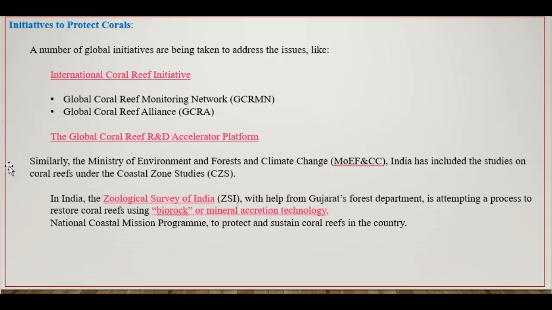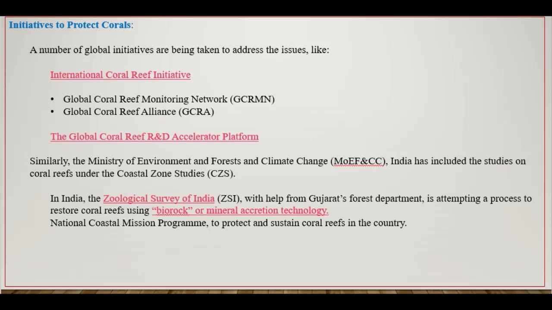And it has also come up with the idea called biorock or mineral accretion technology to restore the coral reef. In India, the coral reefs are found near the Andaman and Nicobar Islands, Lakshadweep Islands, the Gulf of Mannar, Palk Bay, etc. Most of them are fringing reefs.